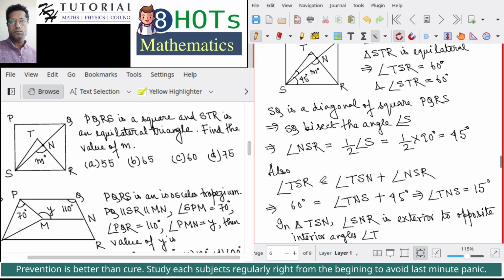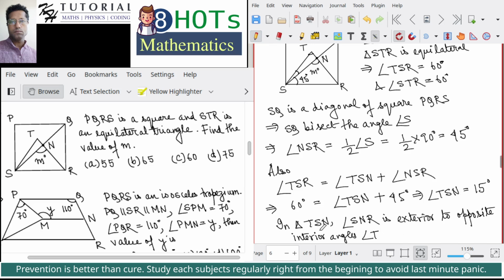Angle TSR is equal to angle TSN plus angle NSR. So this implies 60 degrees is equal to angle... this is not TNS but TSN. So we have angle TSN.